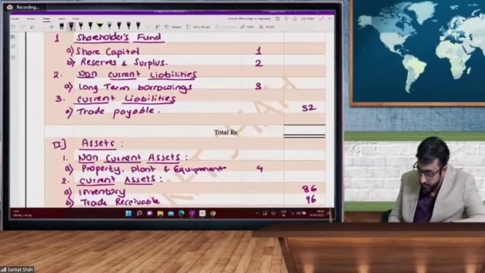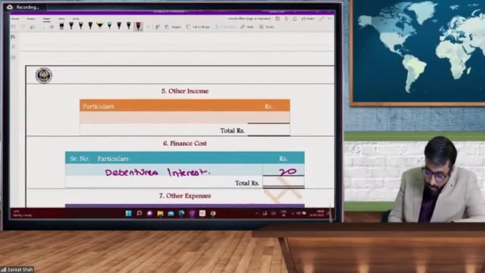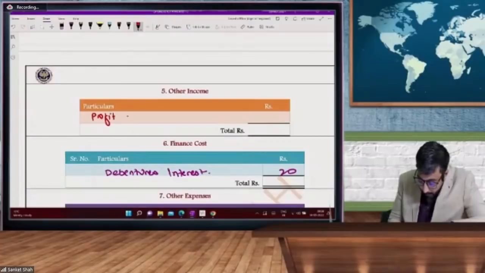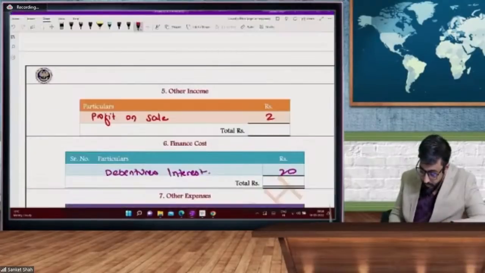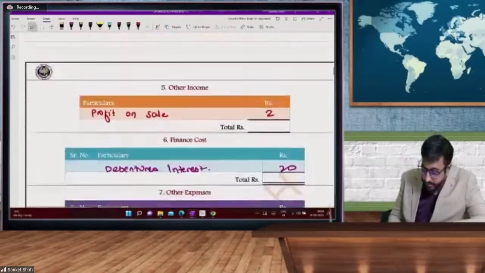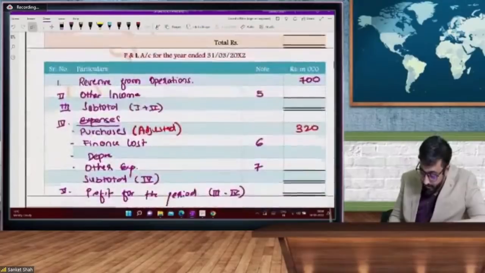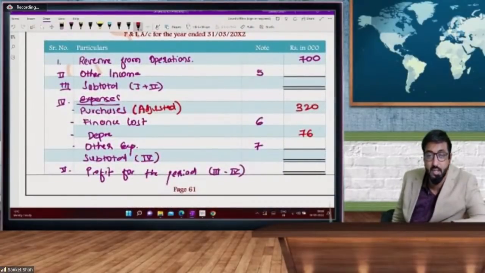Profit on sale under other income, red pen. Profit on sale, other income 2 rupees. And depreciation we have to write, red pen, 76. I forgot that depreciation expenditure is over.